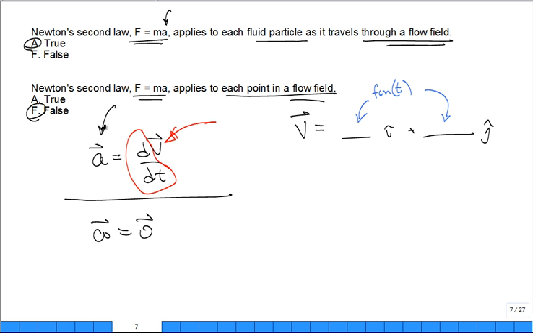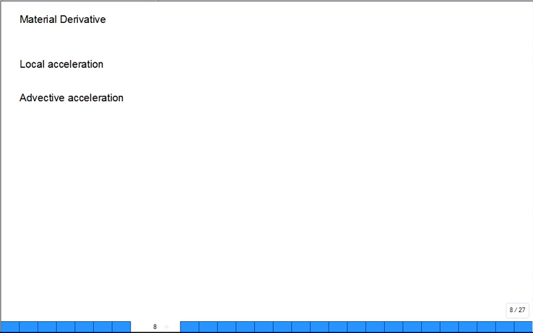That's incorrect. The acceleration of the particle is equal to the time rate of change of the velocity of the particle. That's correct. But the acceleration field, at any point in the field, is not equal to only the time derivative of the velocity at that point in the field. That's incorrect. So we fix it by introducing what we call a material derivative.